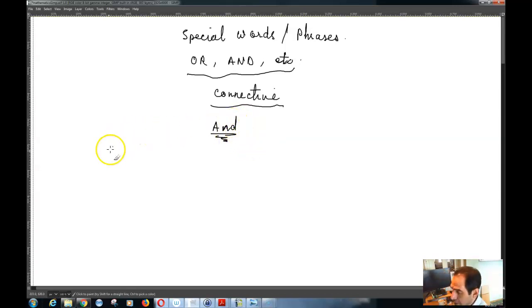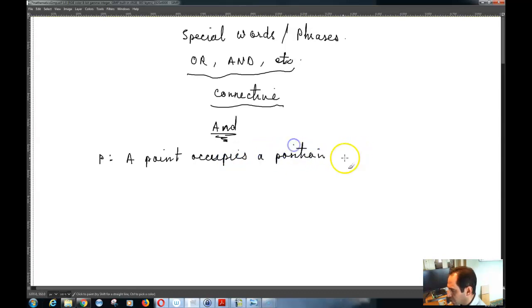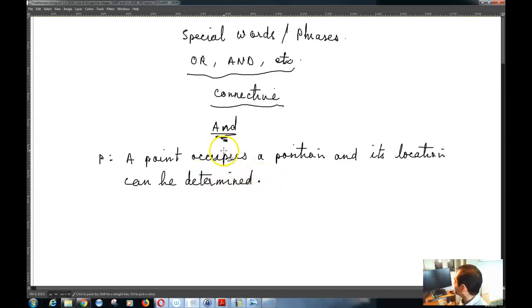So let's say that you have a statement, for example, P: a point occupies a position and its location can be determined.